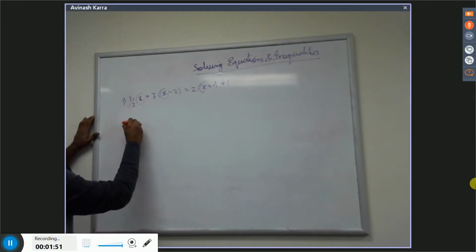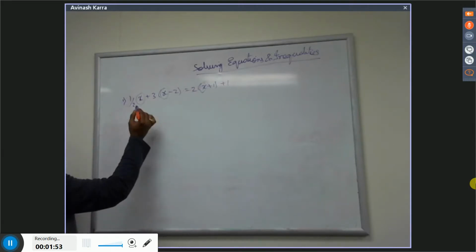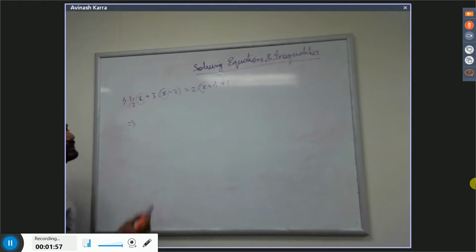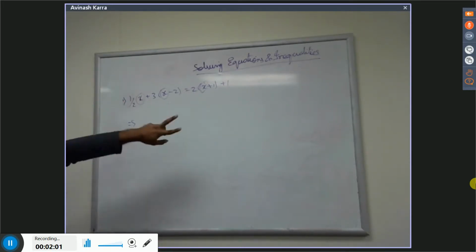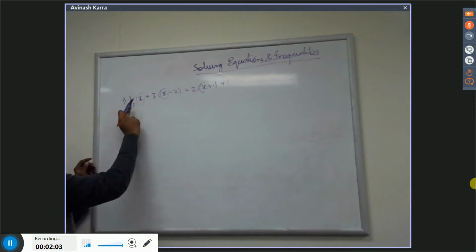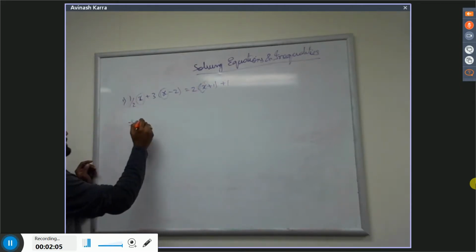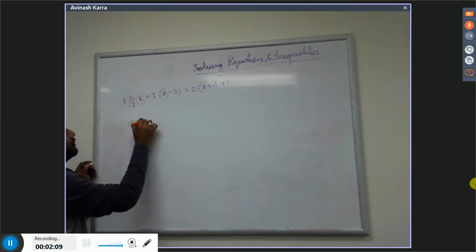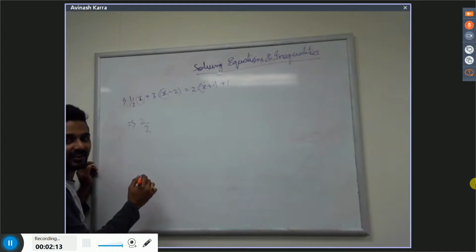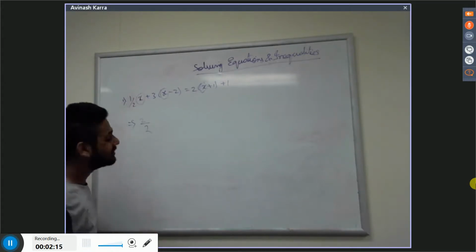See what he says. First, we need to get rid of this fraction. To get rid of this fraction, what do you need to do? You need to multiply by 2 on both sides, so that these 2s get cancelled, right? So when I multiply 2 with both sides, what happens? Is it visible?